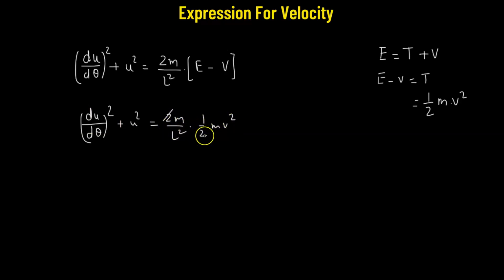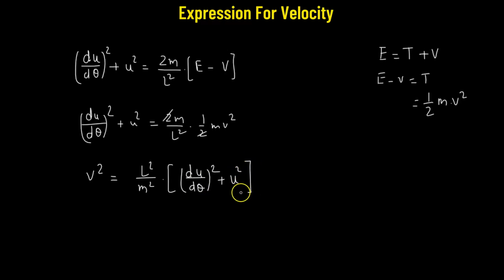So here the 2 and 2 get cancelled out, and if we write this equation in terms of v squared, we will have v squared equals L squared over m squared multiplied by du over d theta whole squared plus u squared. So this is the expression for velocity, and this is going to be a generalized expression.